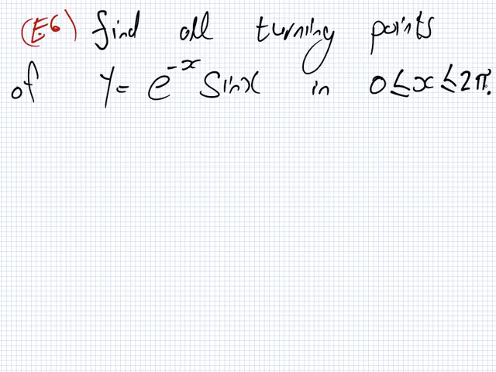Didn't you learn anything? The reason is, in derivatives, when you say the derivative of sine is cos, that's only true when you're using radians. It's not true when you're using degrees. This is only true in radian mode.